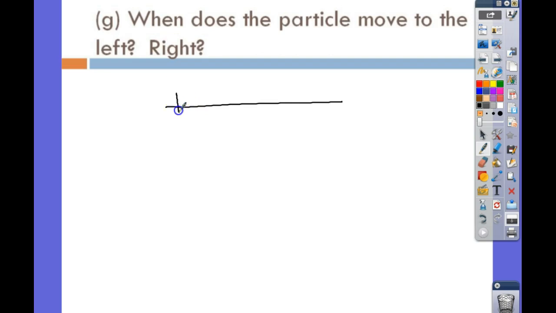Here's our function. We have 0 seconds, 1, 2, 3, 4. So what we want to know about the particle is what is happening. We know that v of t equals 0 at t equals 2.